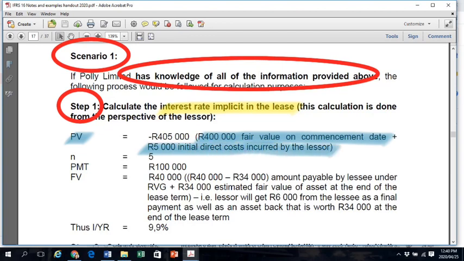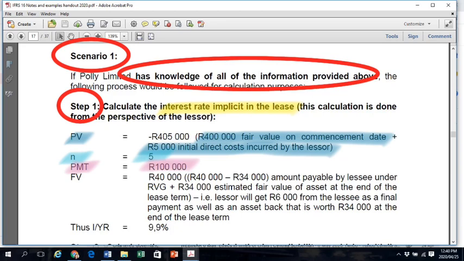The R405,000 together is the amount that the lessor wants to finance in this agreement. Your lease term variable is determined in line with previous guidance, and it's the non-cancelable period of 5 years. The payment variable is the R100,000 payable by the lessee annually in arrears.